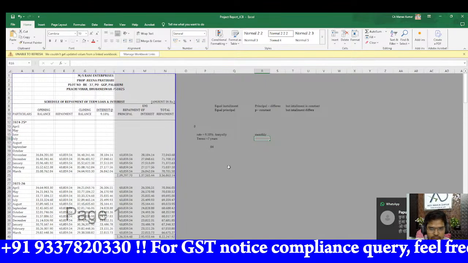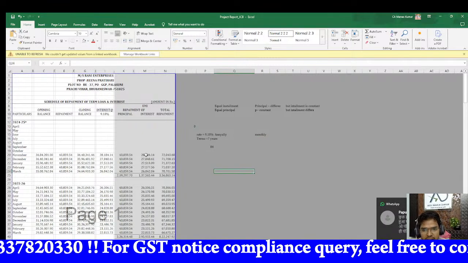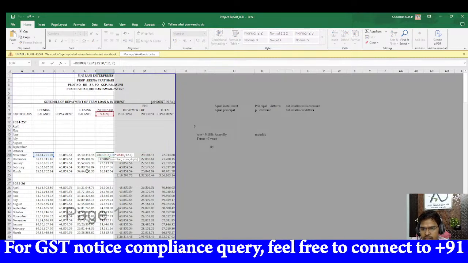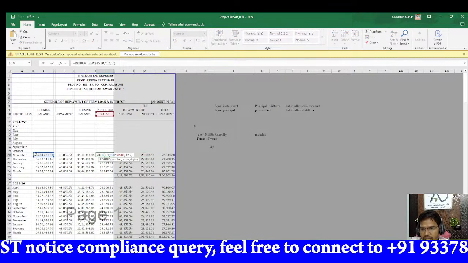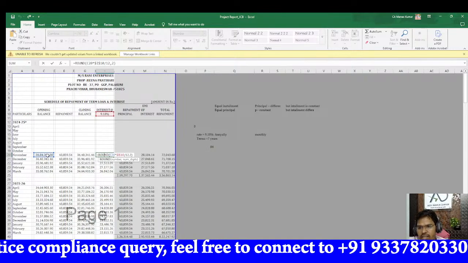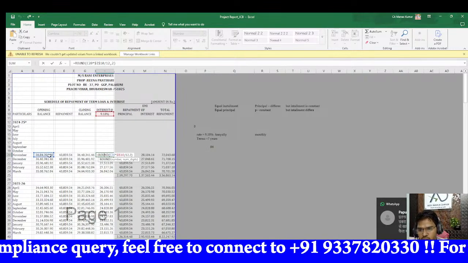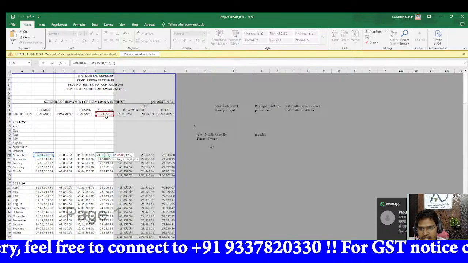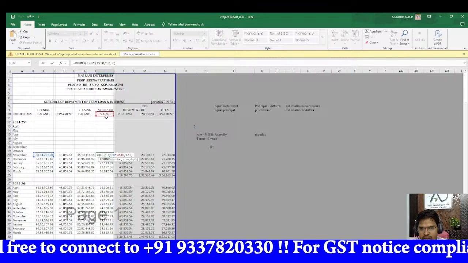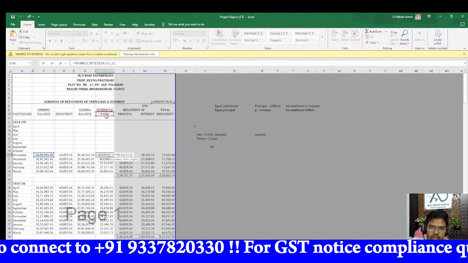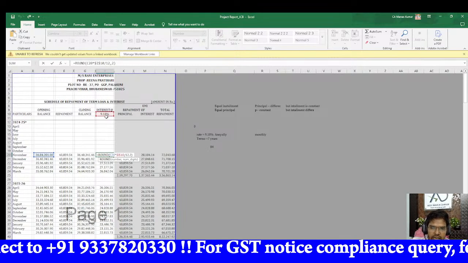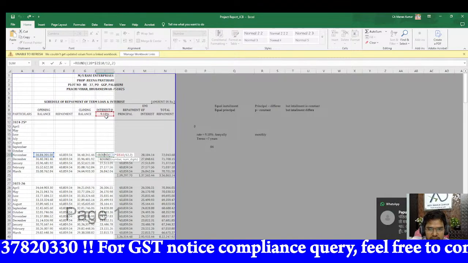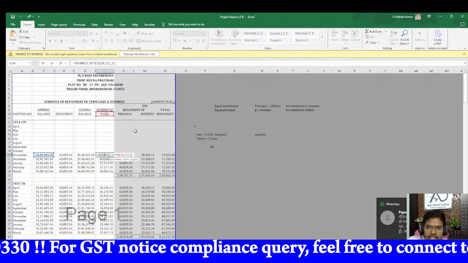You can find here that I have calculated the interest. For the November month, the outstanding balance was 36,84,201 into 9.18% divided by 12. I did the rounding up so that it does not give an odd figure, so I have rounded it to 2 decimals.